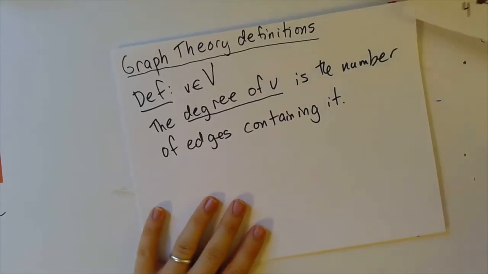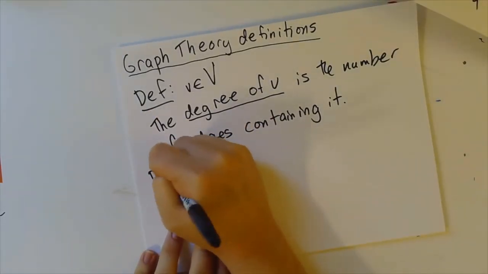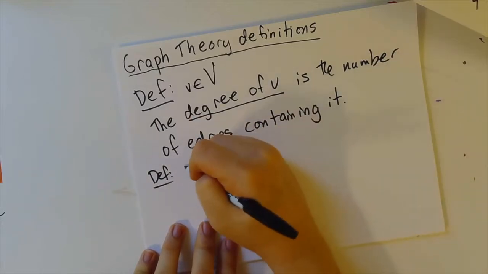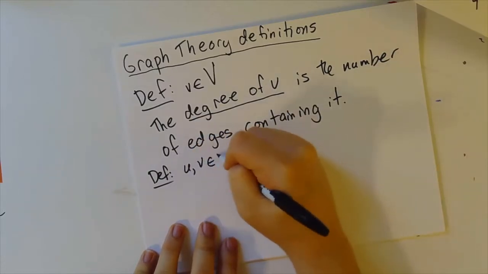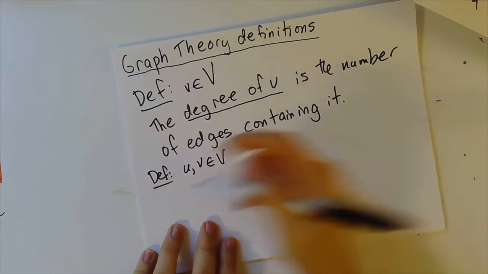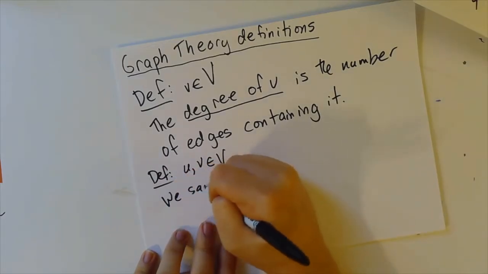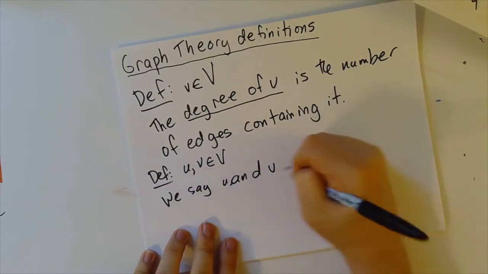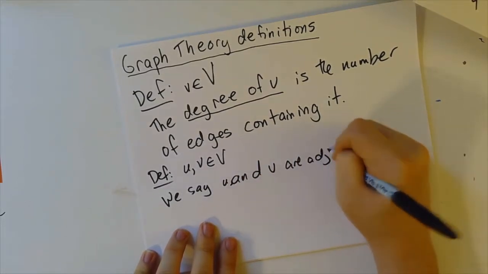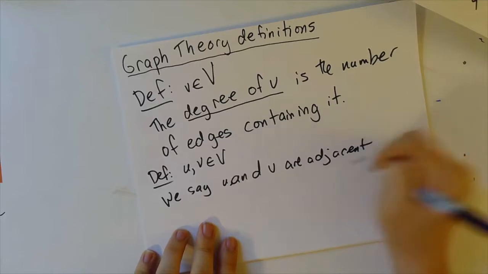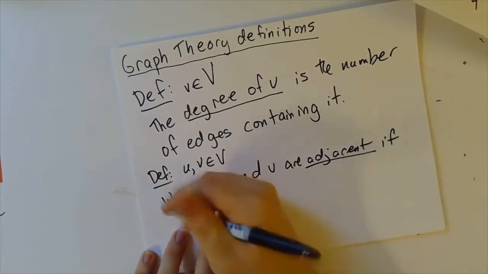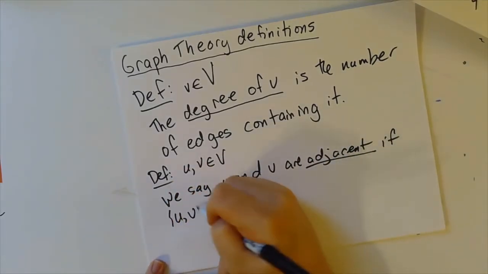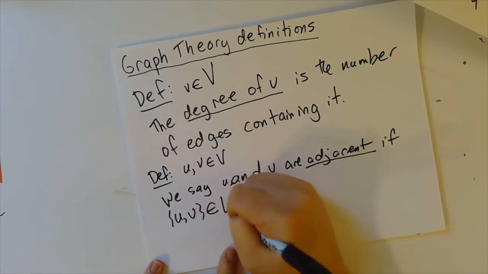I'll go ahead and give you another definition that we tend to use a lot, which is that if u and v are both vertices, then we say u and v are adjacent if this set uv is in the edge set.